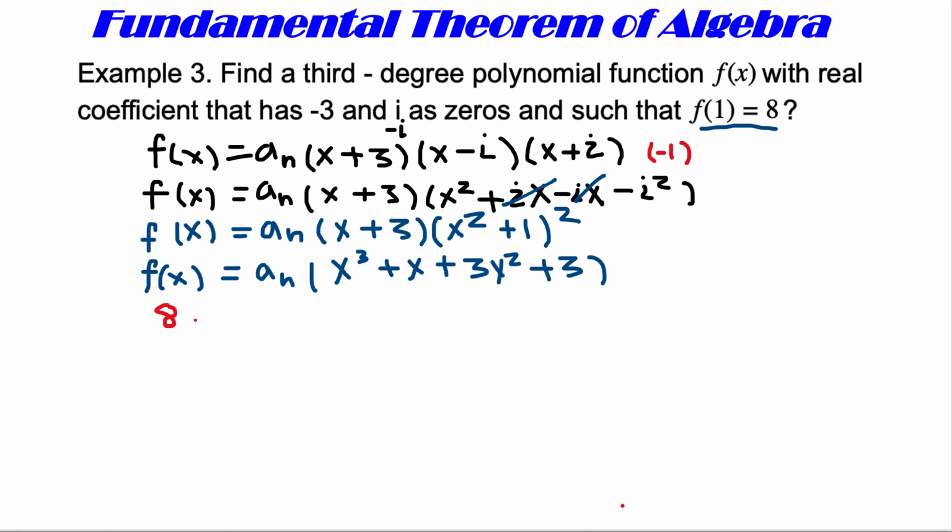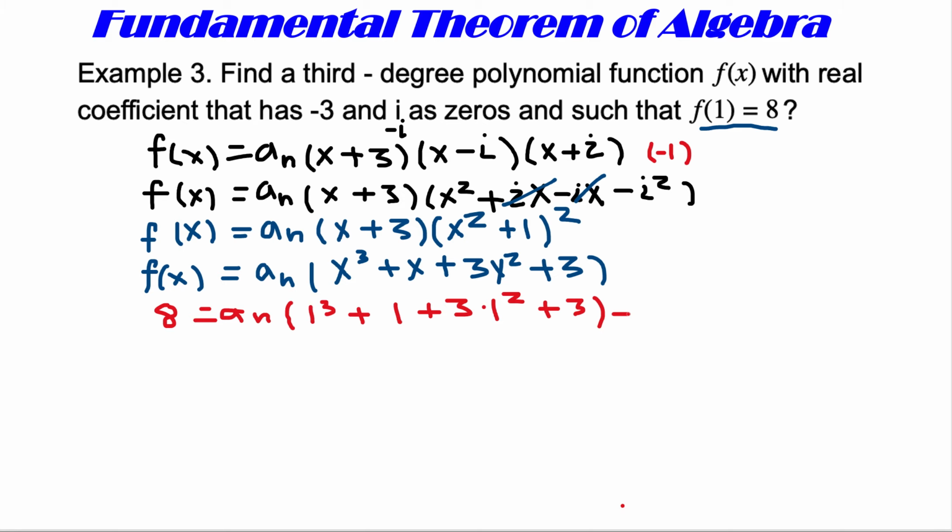8 is equal to a_n times this function here. Instead of x cubed, I'm writing 1 cubed, plus, instead of x, I'm writing 1. And here is plus 3 times x squared, which is 1 squared. And here is plus 3.